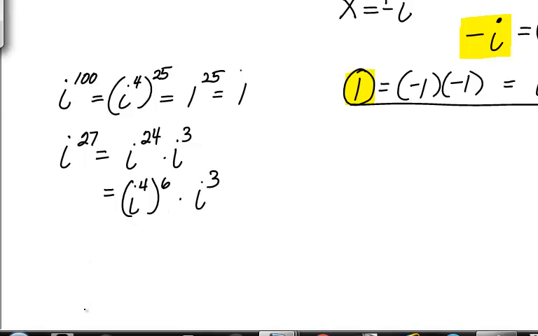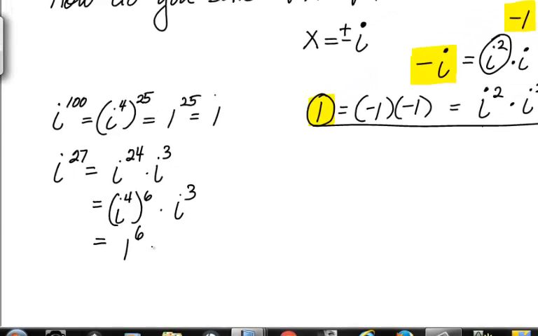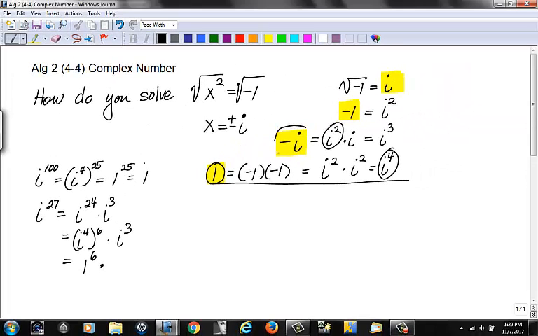But i to the 4th is 1, so 1 to the 6th, and i to the 3rd is -i. So 1 times -i is -i. So you can either look at powers of 4 or powers of 2.